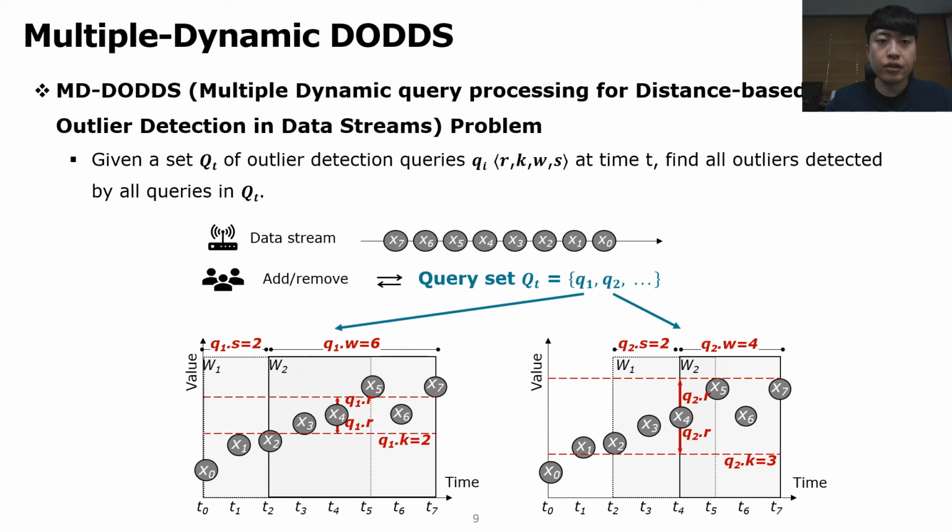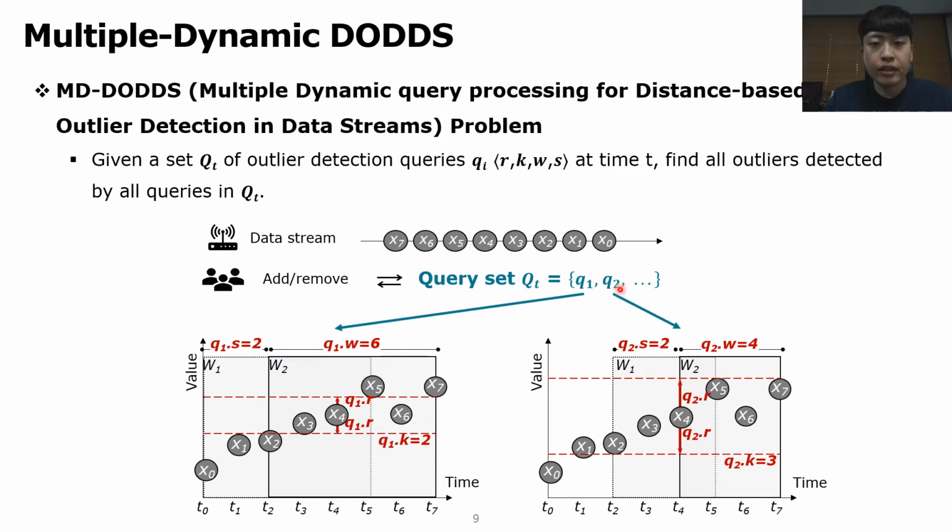So in this research, we introduced the multiple dynamic version of DODDS, which is called the MD-DODDS problem. Given a set of outlier detection queries, each of which is defined by different values on each parameter, find all outliers detected by each query in this query set, which changes over time. So in a one-dimensional data stream, for example, users may add or remove queries to or from a query set.